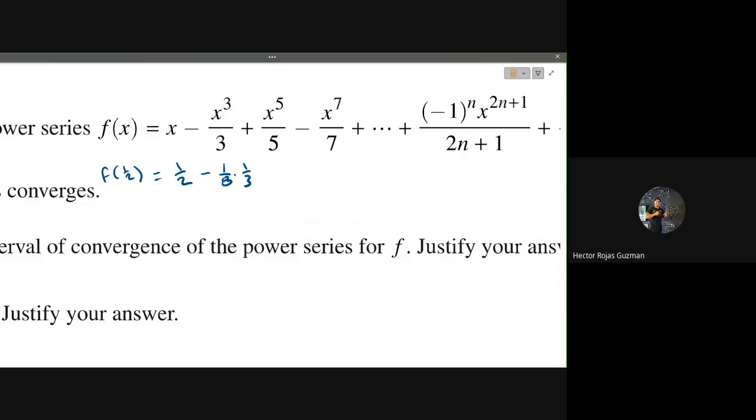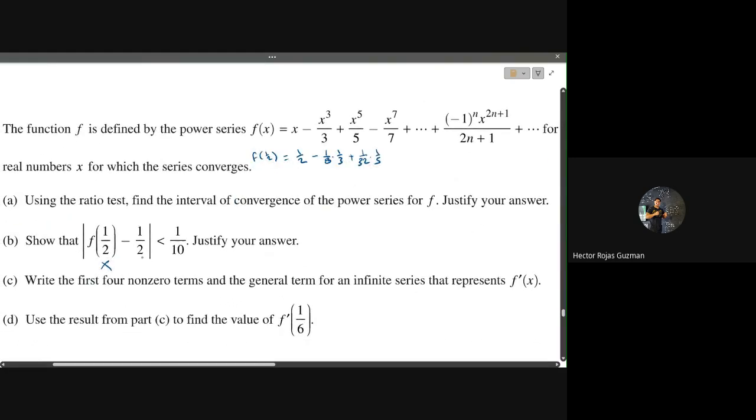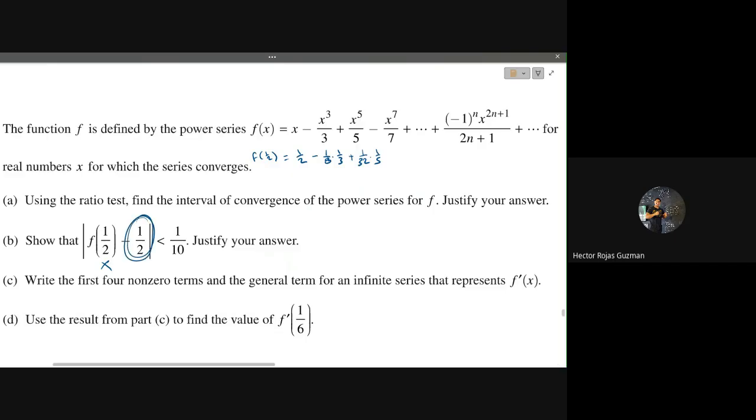I'm only going to do one more because we don't really have to go that far. 1/2 to the power of 5, that's 1/32 times 1/5. All those were unnecessary. I was just showing you. But they want us to show that f of 1/2 minus 1/2. We got the 1/2 in the first term, right? So all you have to do is compare it to the next term.